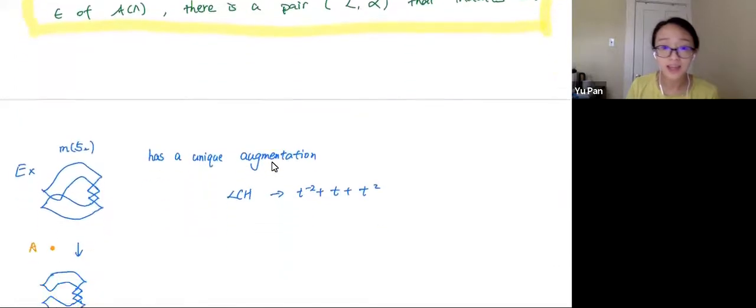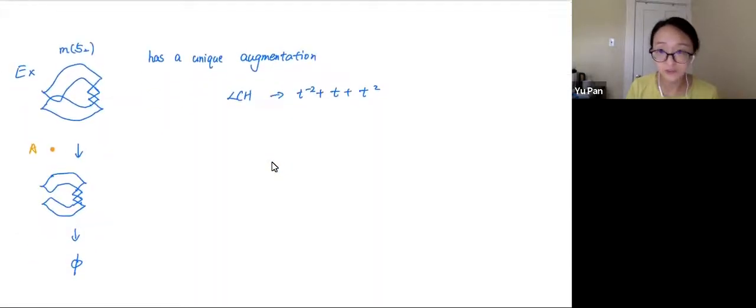All right, for the next few minutes, I will go back to the example we had before, which is the mirror of 5-2. As we mentioned, first, it has a unique augmentation. And as we mentioned, the LCH is not in the form T plus 2G.